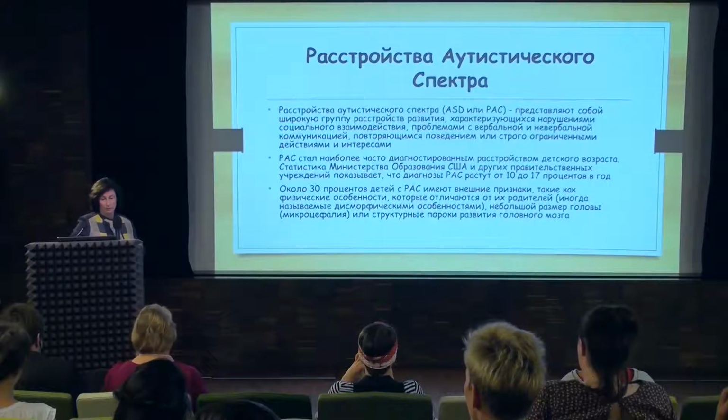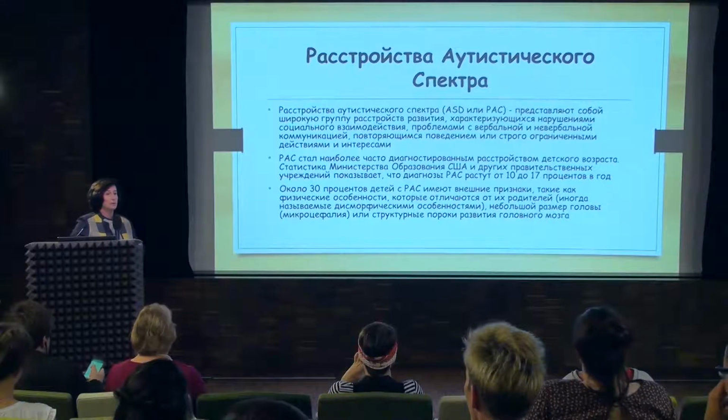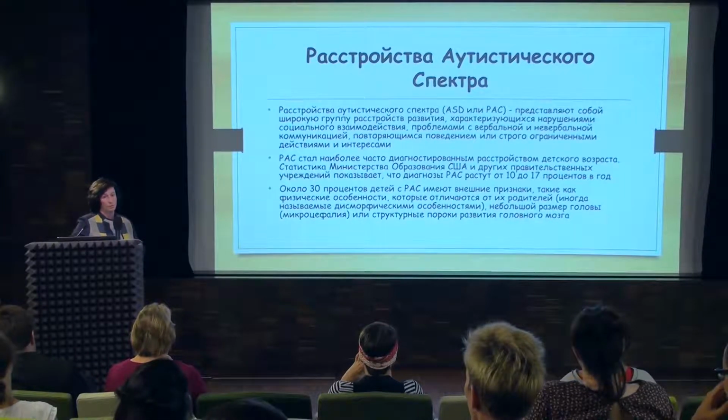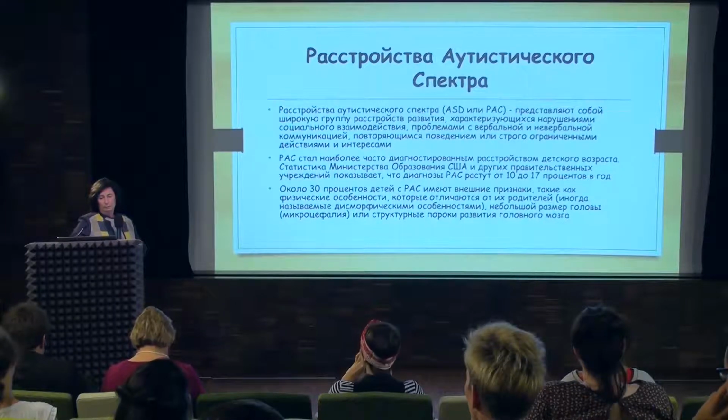But the Education Department of the United States believes that 10 to 17% is the annual growth of incidence of the disease. And lately, this has been connected with environmental factors to a larger degree than before.